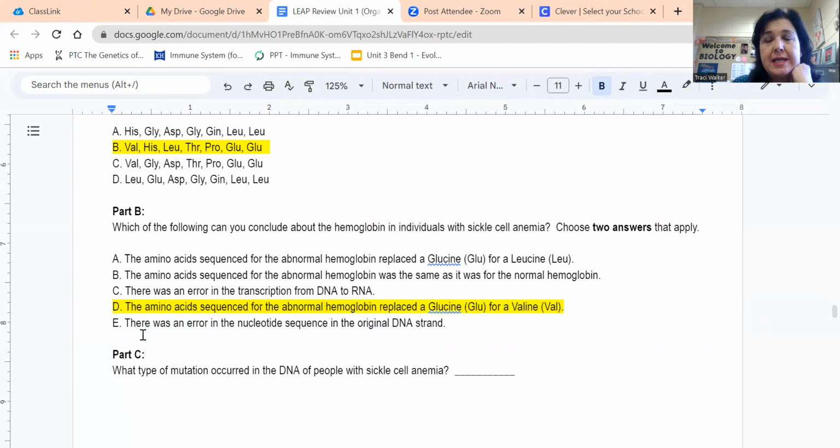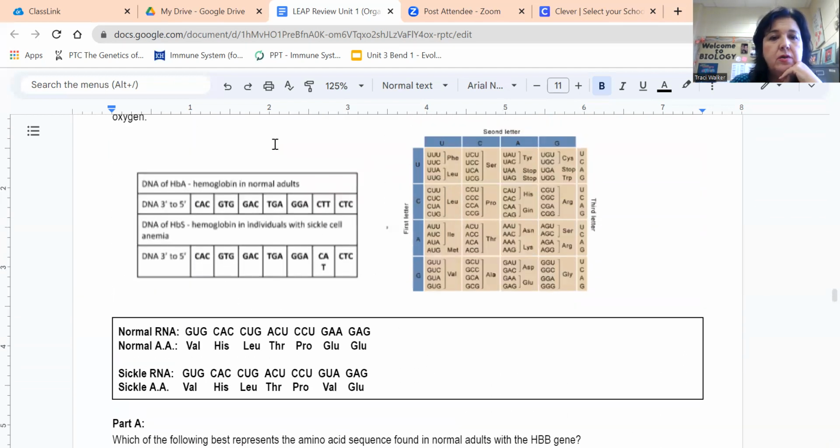But let's read E. E says there was an error in the nucleotide sequence in the original DNA strand. Okay, so where did the error occur? Did it occur when we transcribed DNA to RNA, or was it already there? And so if we look up here, I can see that the DNA was supposed to be CTT right here in the sequence, but instead it was CAT.